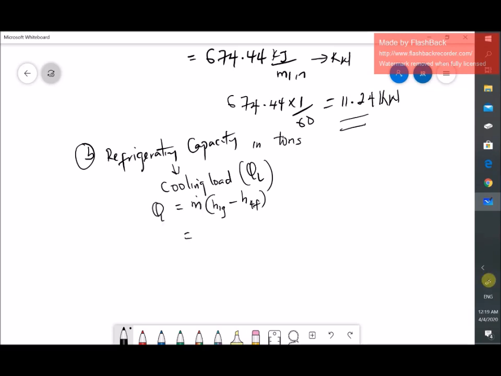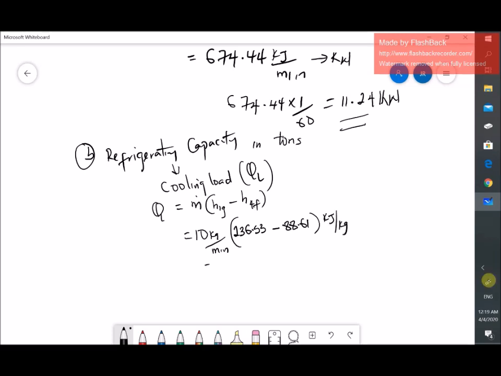For the mass flow rate, it's 10 kilogram per minute times our H1 gaseous, which was given from the table as 236.53, minus our H4 fluid, which was given as 88.61 kilojoules per kilogram.